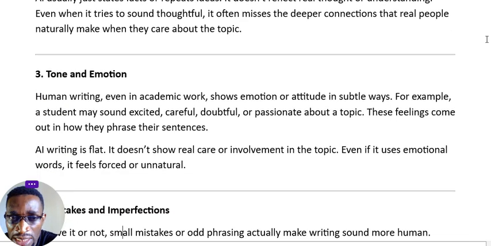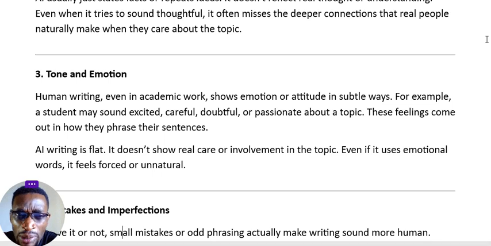So the third one is tone and emotions. Human writing, even in academic work, shows emotion. Normally, academic writing doesn't really show emotion on the generic terms. But even at that, it still shows some level of emotion, attitude in a subtle way.